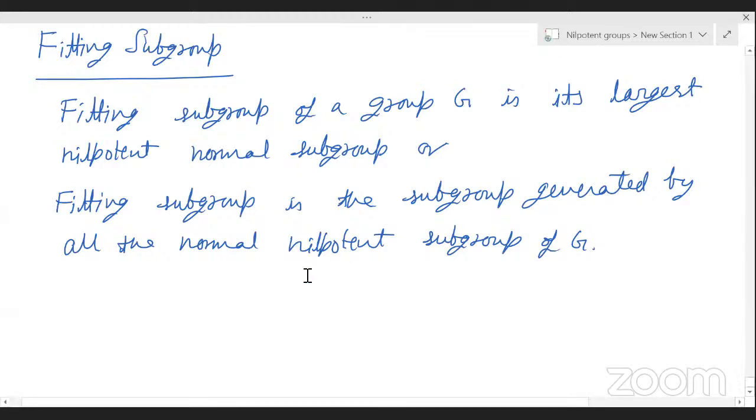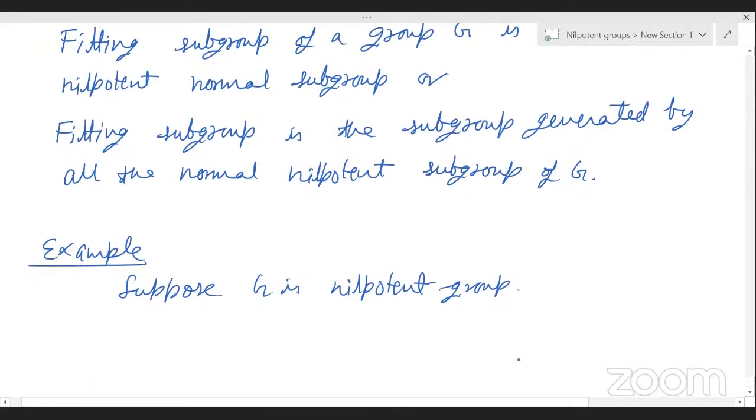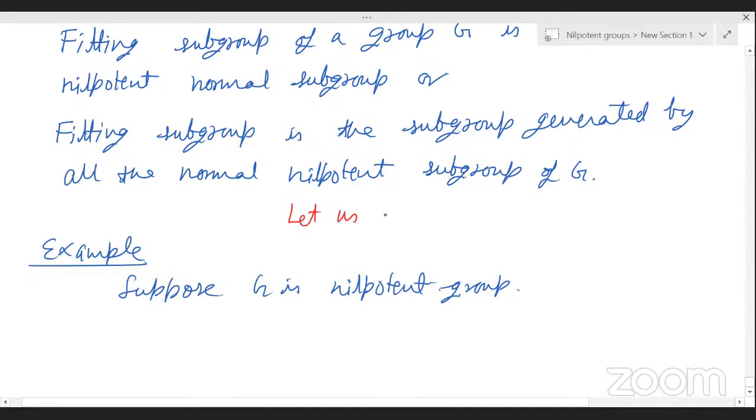Okay, so let us see it by example. Suppose G is nilpotent. Then what will happen? What will be its Fitting subgroup? By definition, let us denote the Fitting subgroup by Fit(G).